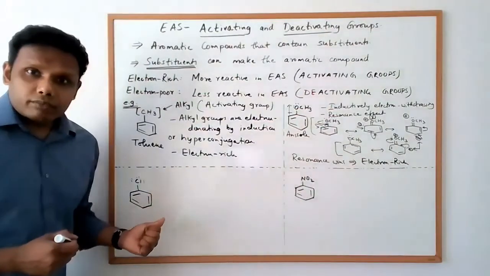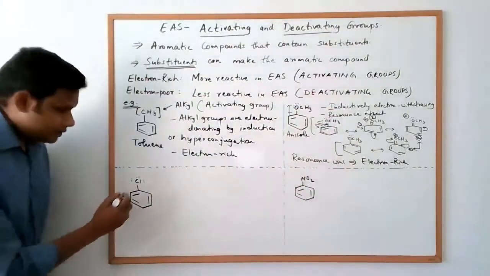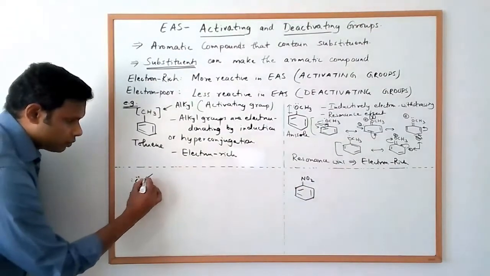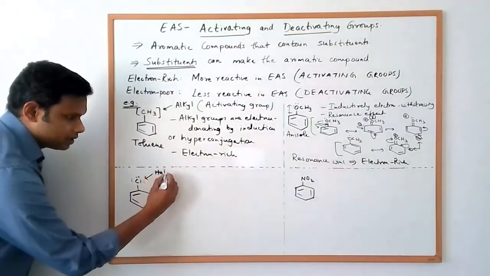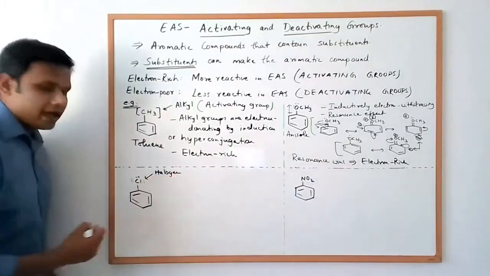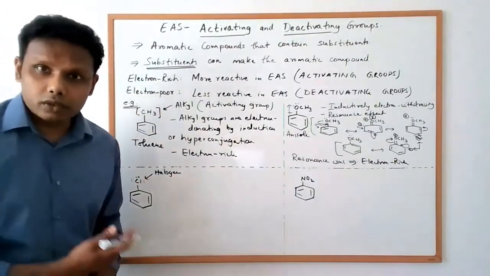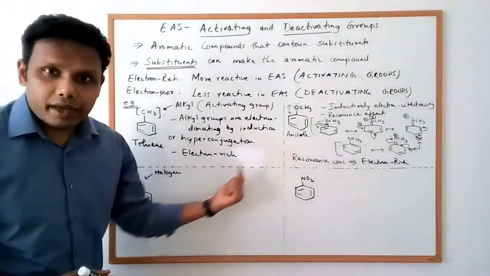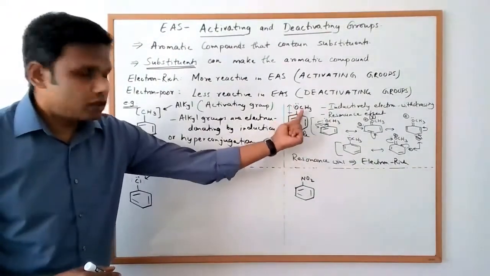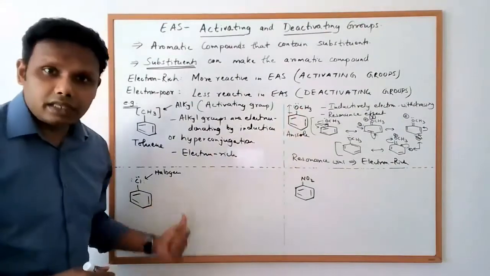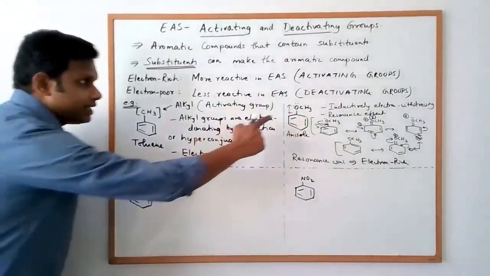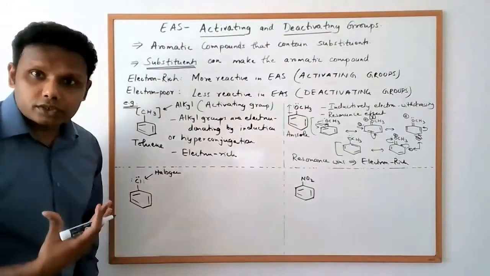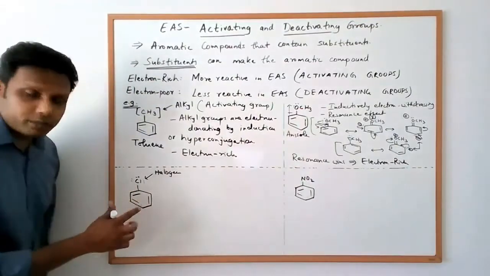The next example we have is chlorobenzene, and the chloro group here is representative of any halogen substituent on the ring. And we can draw some comparisons between the methoxy substituent and the halogen here. Very similar to the oxygen here, the chlorine is more electronegative than carbon atoms.